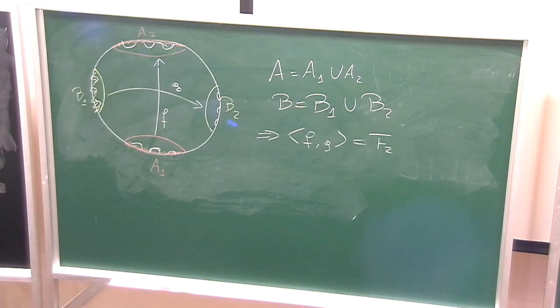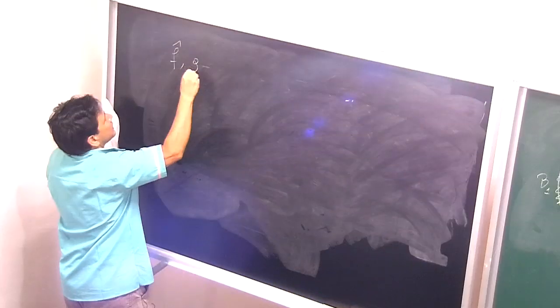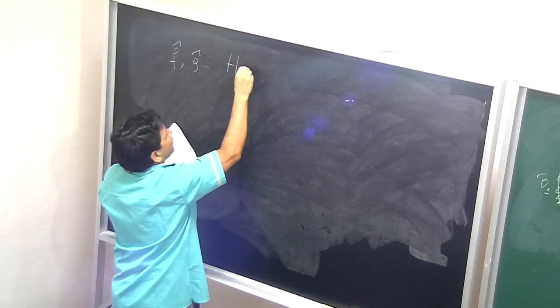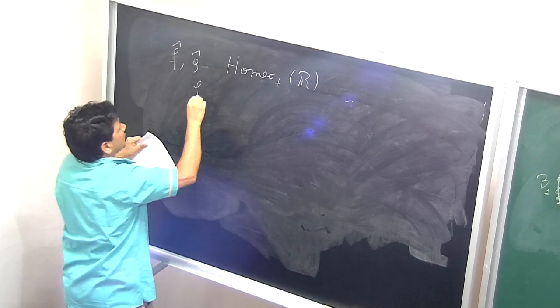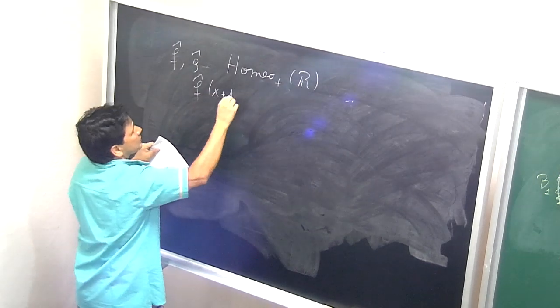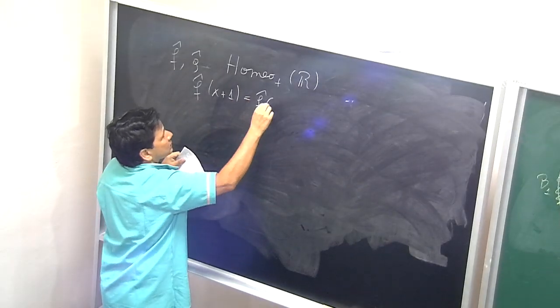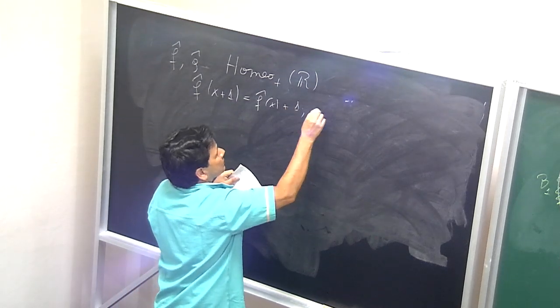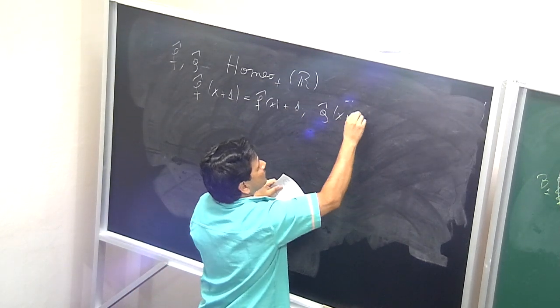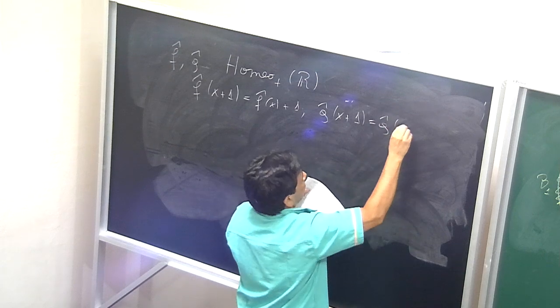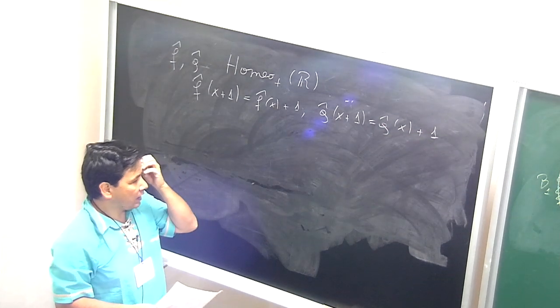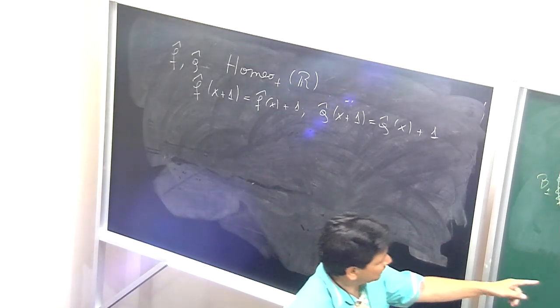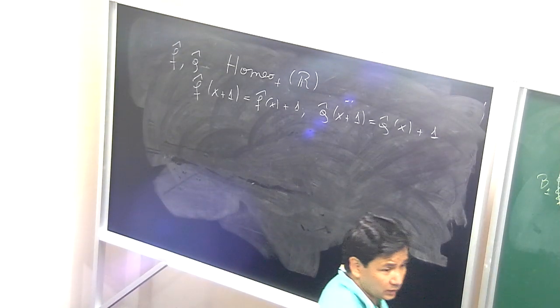So we denote hat F and hat G homeomorphisms of the real line that preserve the orientation and commute with the translation by 1. Any lift will work, and you will take lifts of the sets A and B. Okay?